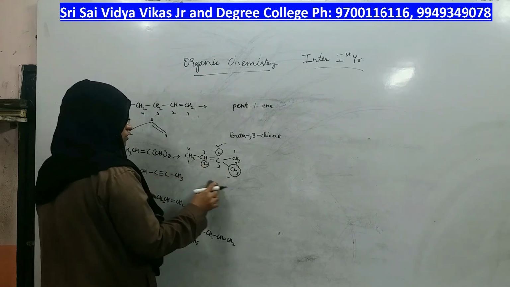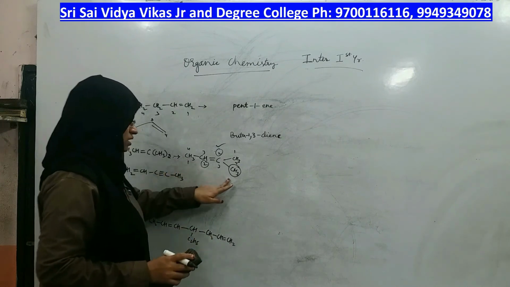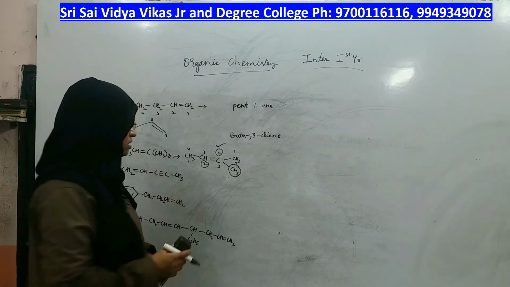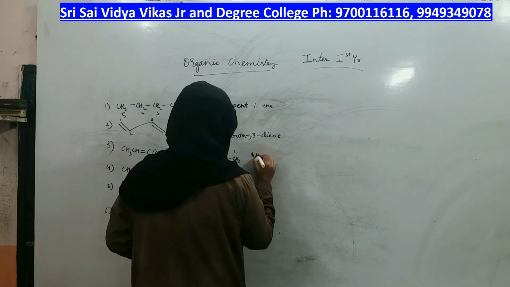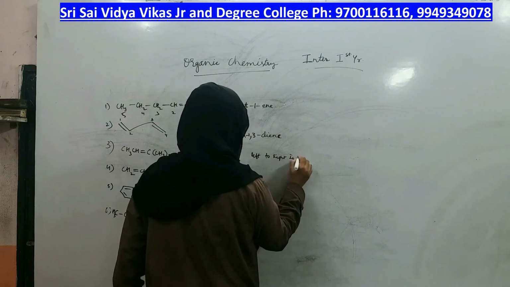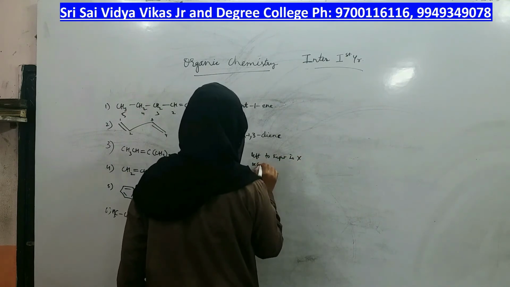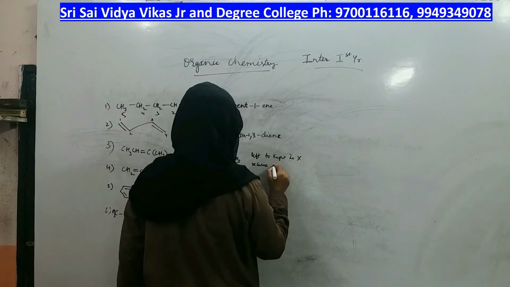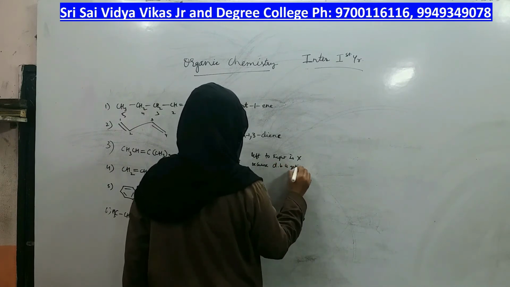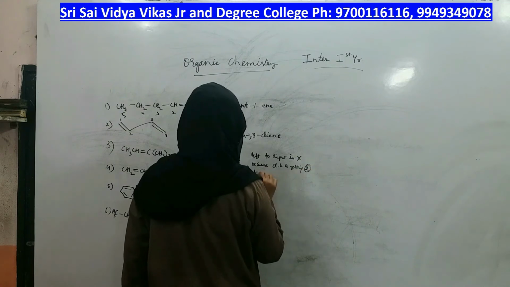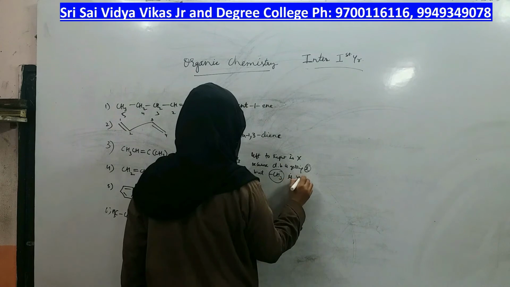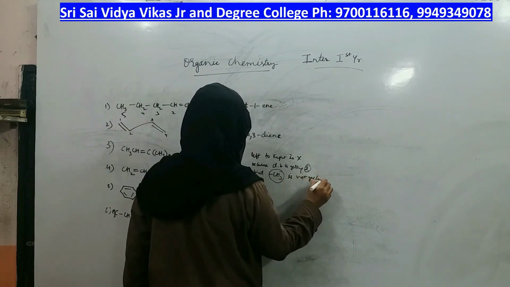So left to right numbering is wrong. I will write here clearly, left to right is wrong, because the double bond is getting 2, but the methyl is not getting 2.